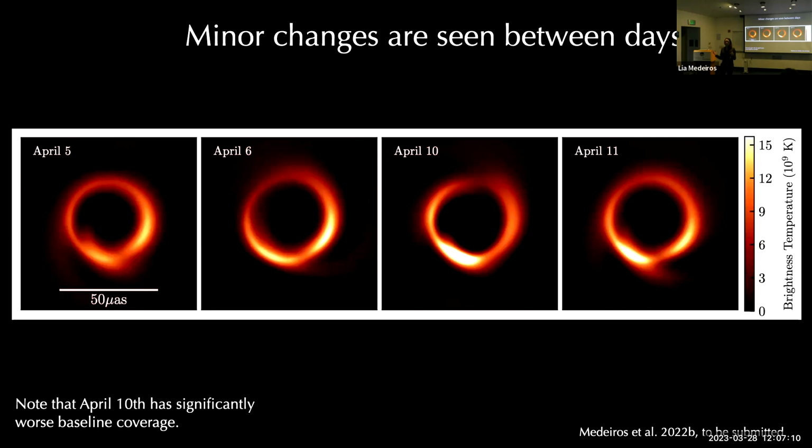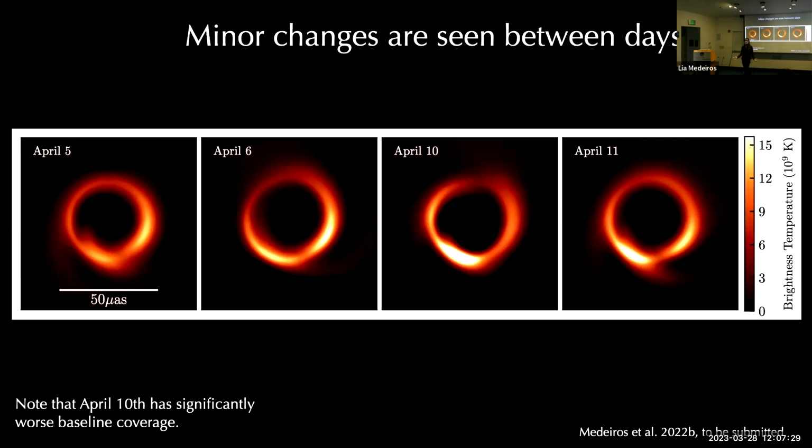So statistically, there is this variability and all this different turbulence that can move around these bright spots. But statistically, given the location of the spin axis, which is in that direction, we think that it is higher likelihood that we will see bright spots on the bottom half of the ring.